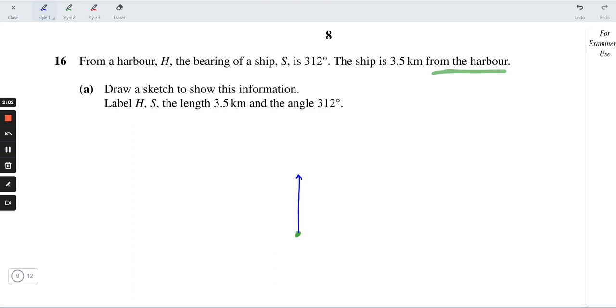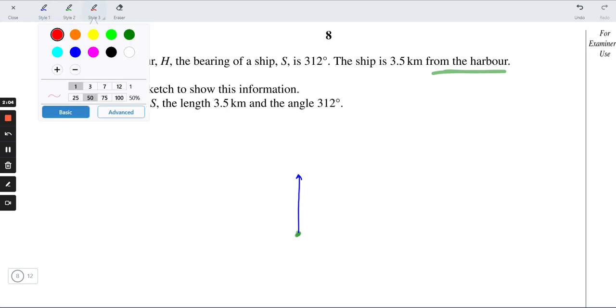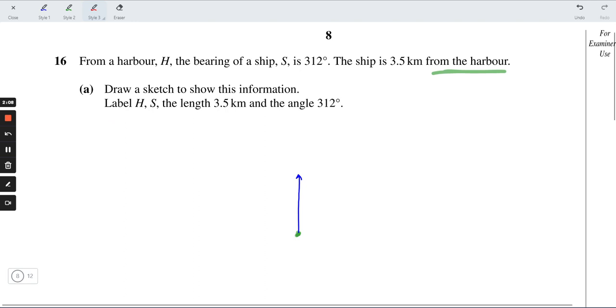Okay, so now here what we will do is the following. Here the bearing is 312. That means I will extend this north line here, and we are always measuring from the north line. From this point, let's say this is 180 degrees. We can use your protractor now and find the rest of 312.